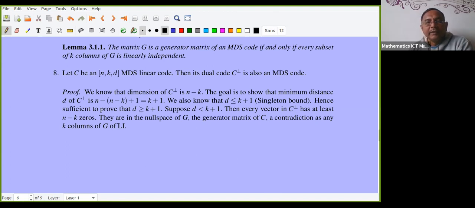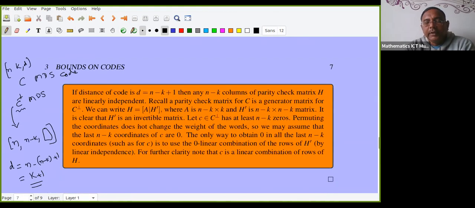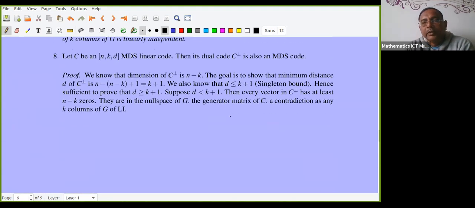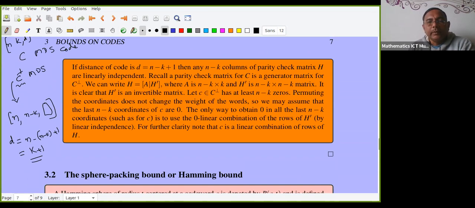That gives the contradiction. This is one way, because k columns of G are linearly independent. The other way to look at it is that once we have n minus k or more zeros, then the entire codeword is 0. So the distance cannot be less than k plus 1. That is the goal. Any doubts or any more clarifications required?